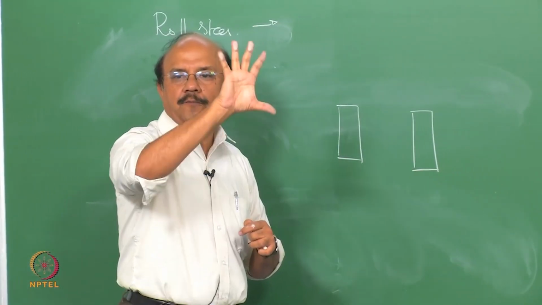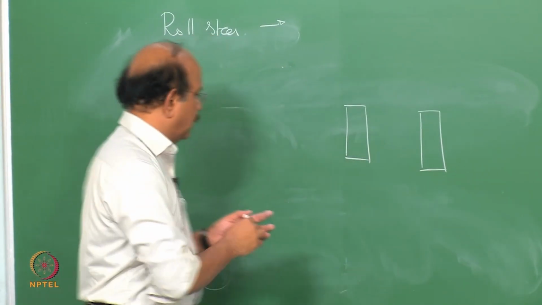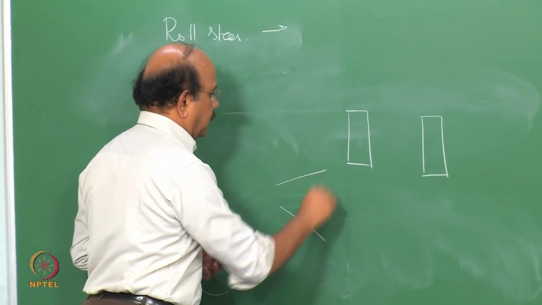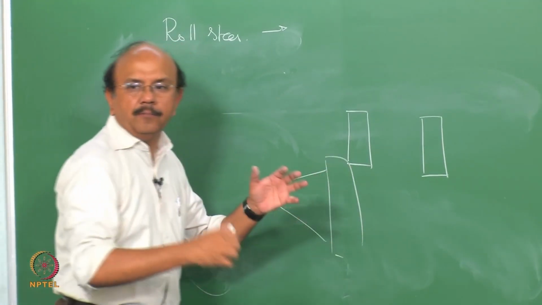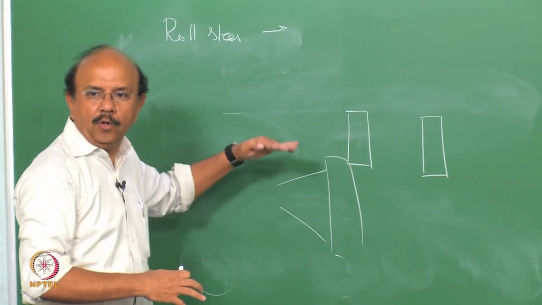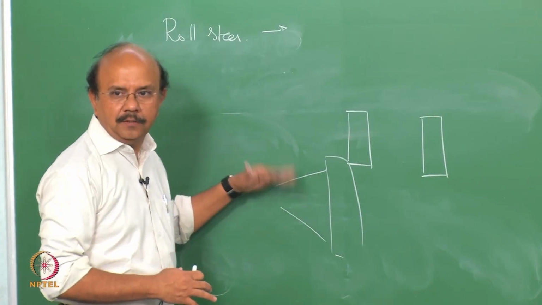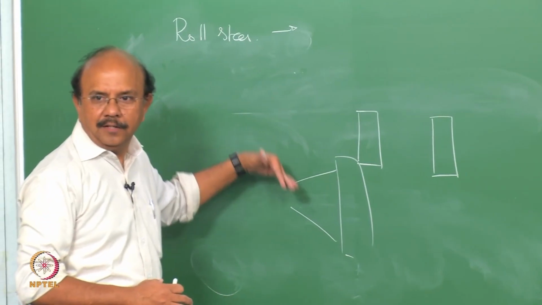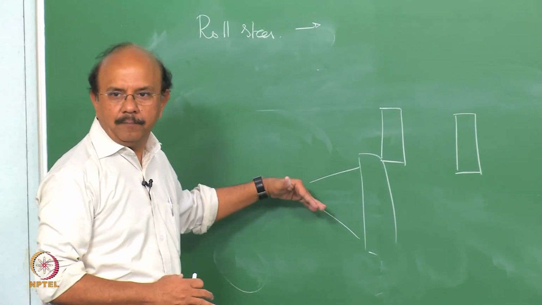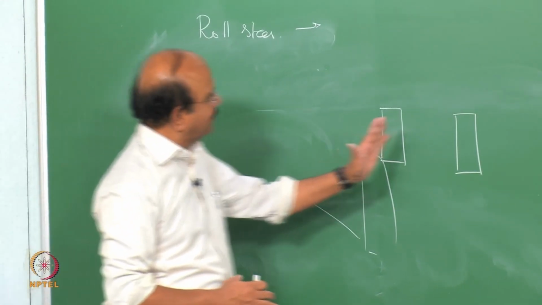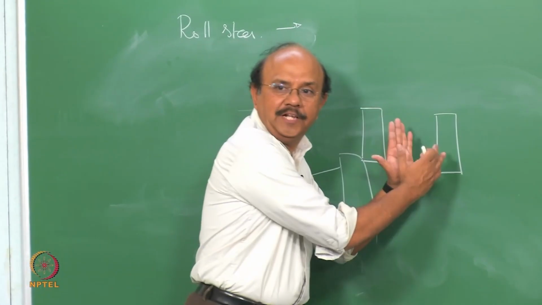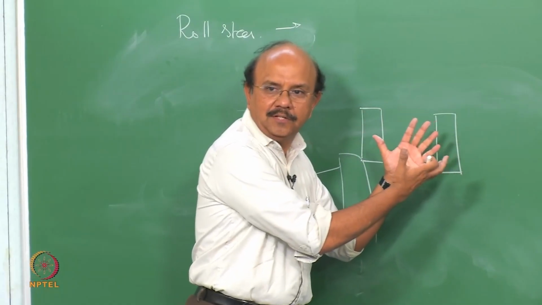Let's say, assume it to be a 4-bar linkage, okay, that is connecting the wheel, and then because of the roll, these linkages move. After all, they are attached to the body, and so they start moving. So when they move, the wheel's attitude also changes, right?